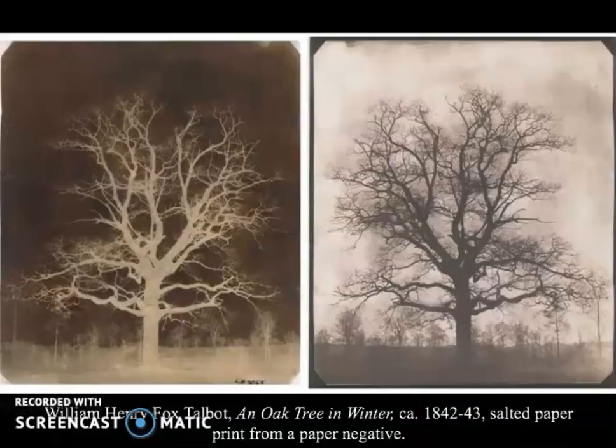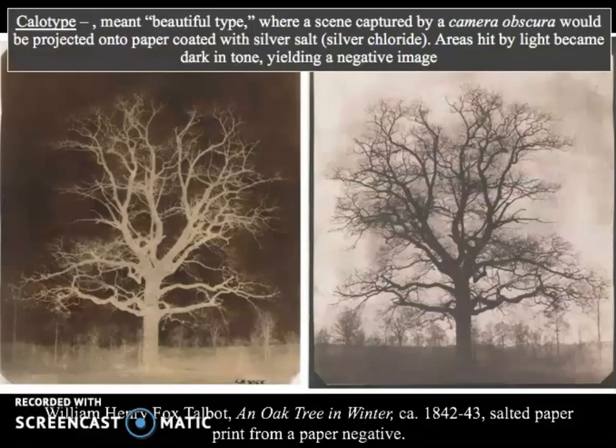William Henry Fox Talbot is also going to create a type of photography, which is actually much more used today than the daguerreotype is, because it creates a negative image as well as a positive image, which means that you can recreate it multiple times. So that is called the calotype, which meant beautiful type, where a scene captured by a camera obscura will be projected onto paper coated with silver salt.